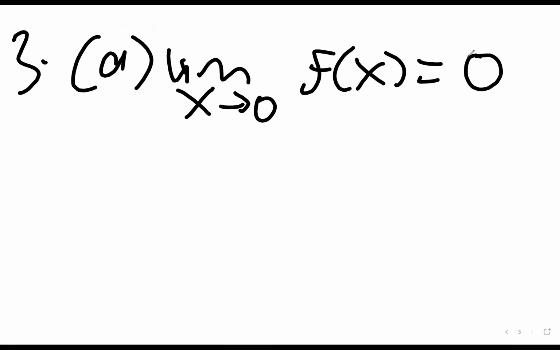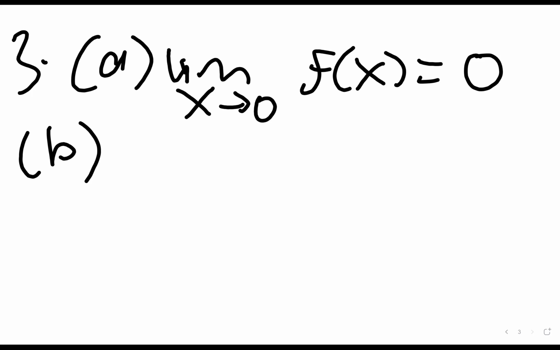And then part b, what is the limit as x tends to 1 of f of x?